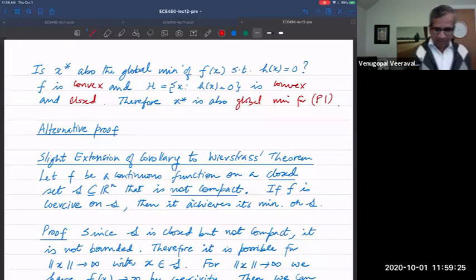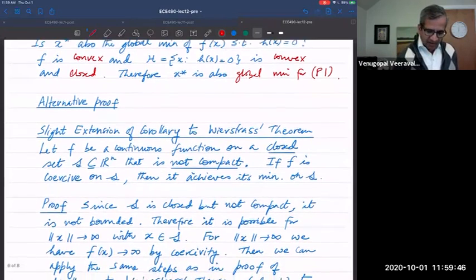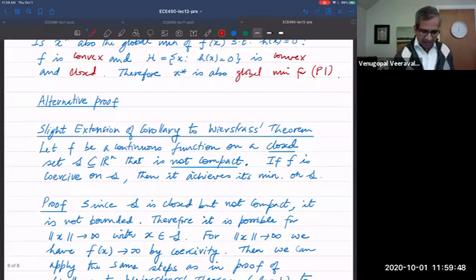But there's another way to conclude this, and this alternative might be useful in other problems where the constraint set may not be convex. As I said, equality constraints always result in closed constraint sets, but they may not be convex. So you may apply something else to conclude that you have a global minimum, if the function is convex.